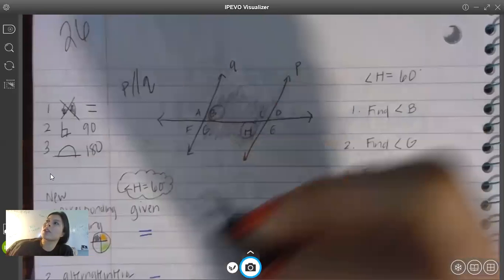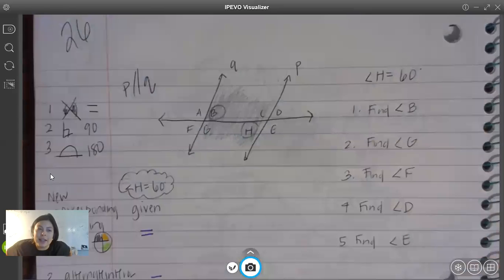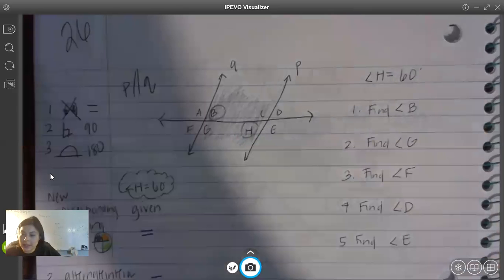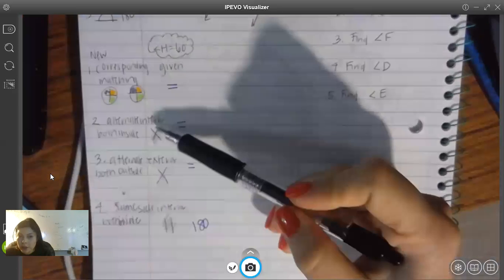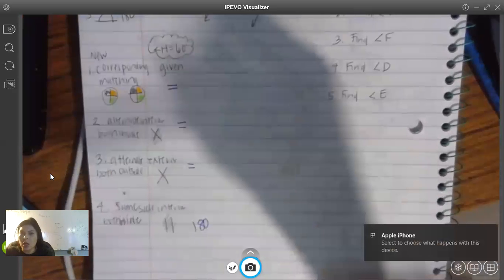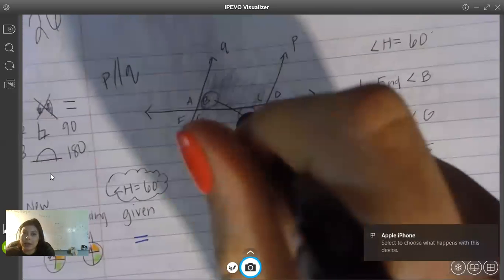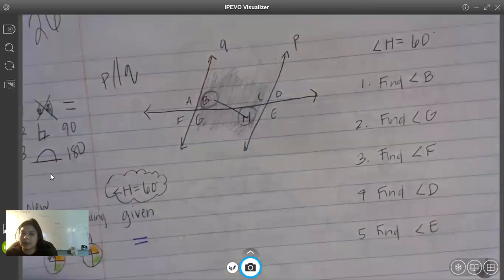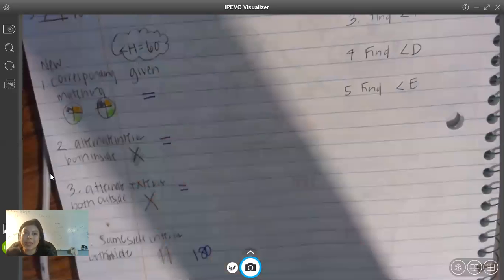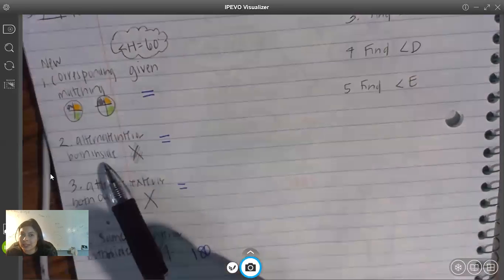So my first question is, are they both inside? Yes, they're both inside. So because they're both inside, it could be either alternate or same side interior. So do they make an X, Francine? Do they make an X, or are they on the same side? They make an X. So because they make an X and they're both inside, it's alternate interior.